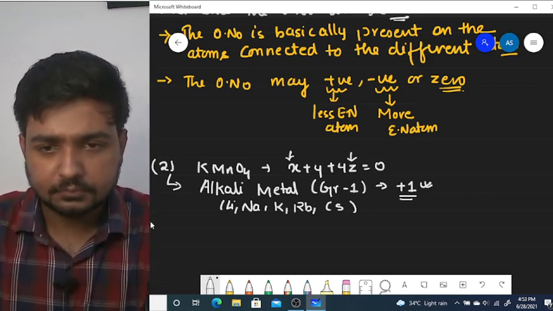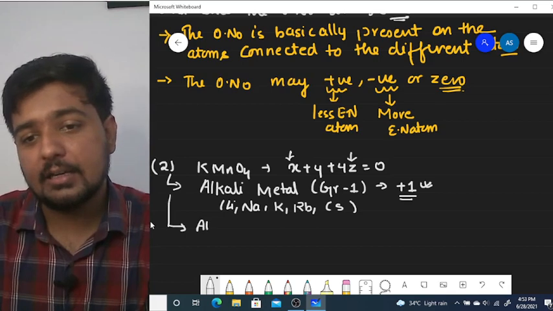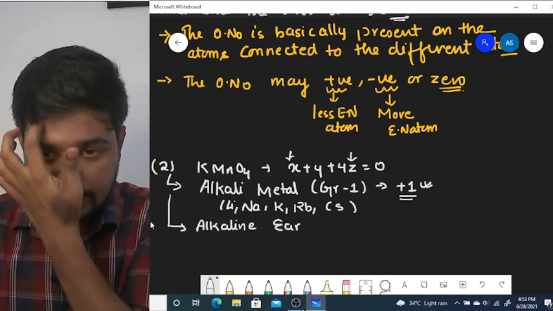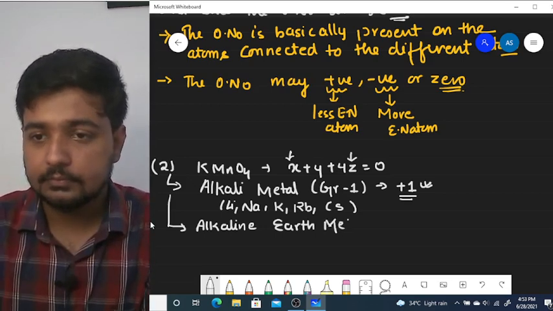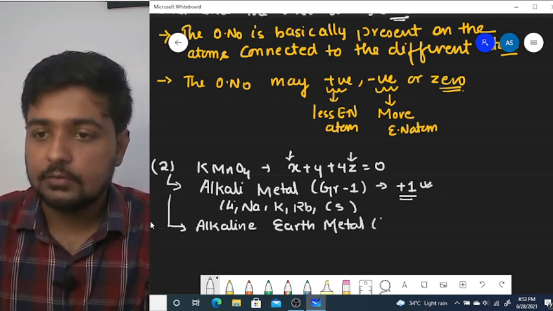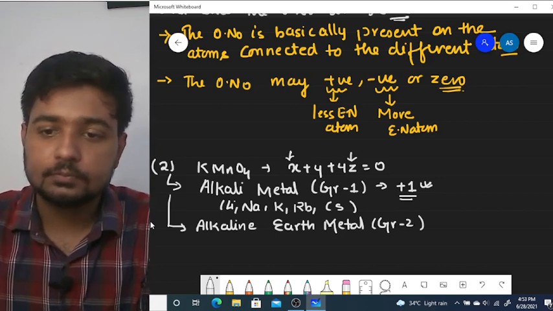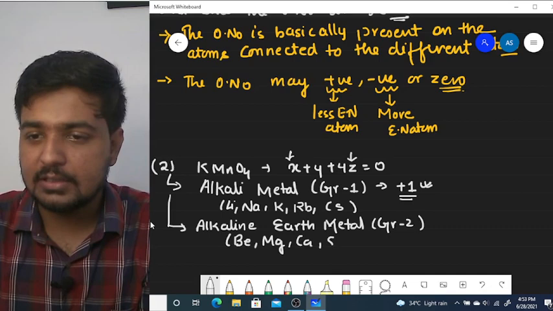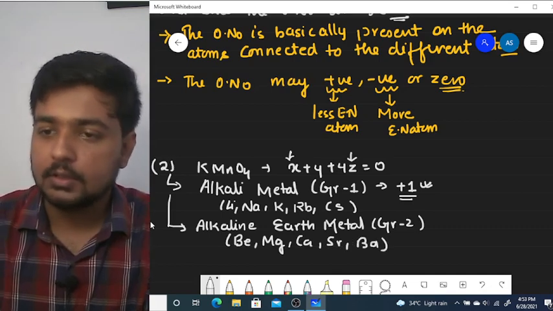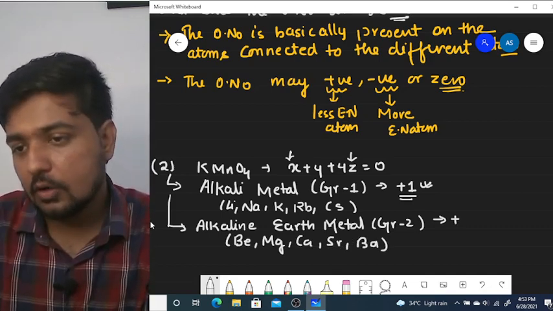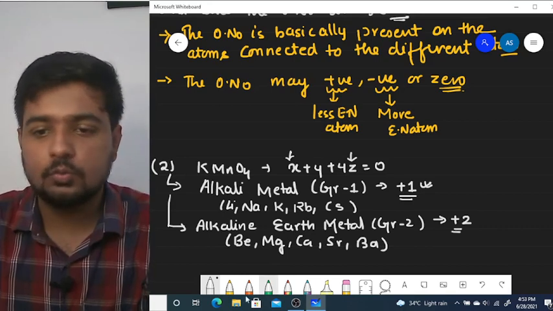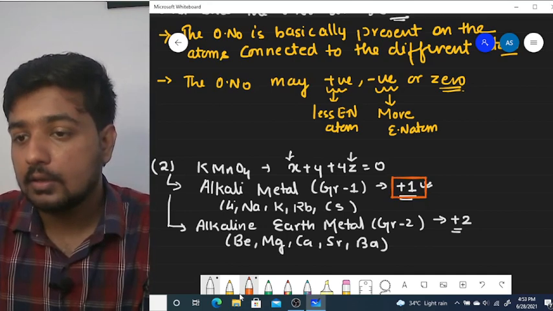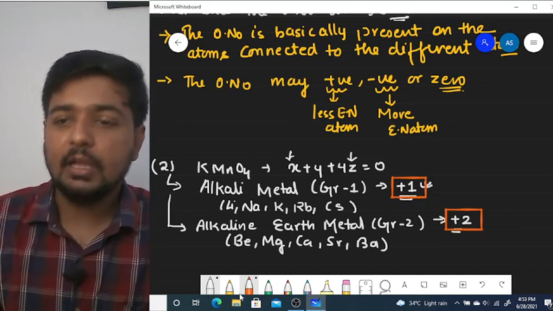Similarly, for alkaline earth metals, that is the elements of group 2: beryllium, magnesium, calcium, strontium, barium. We should consider the oxidation number to be +2. Is it clear, my dear students? This will be +1, this will be +2.